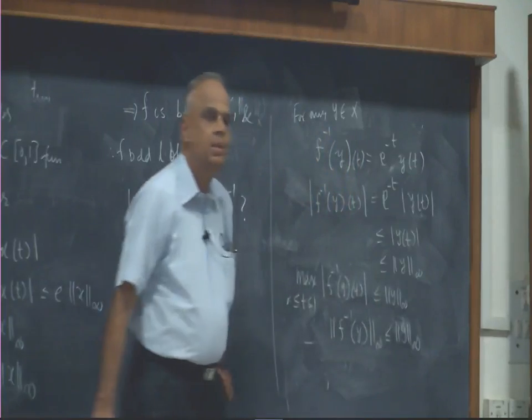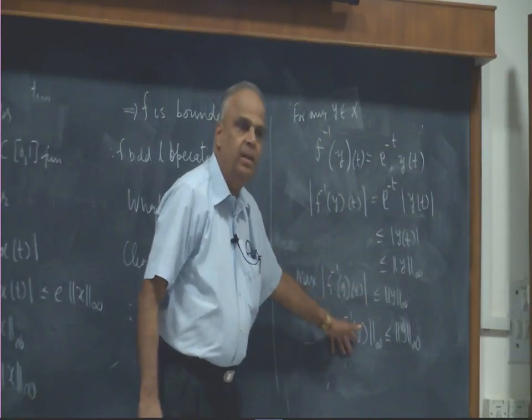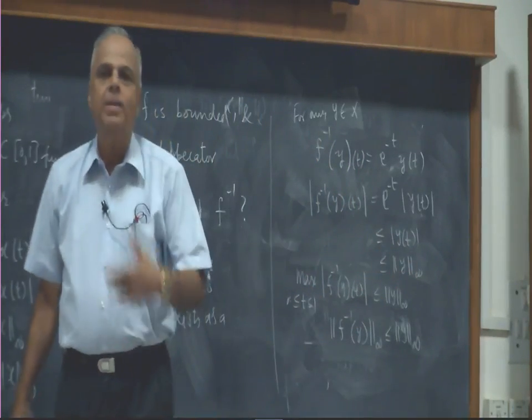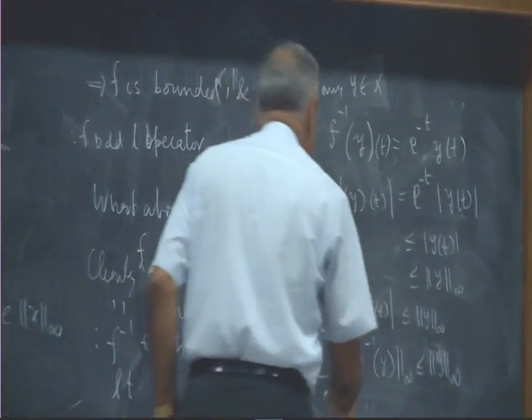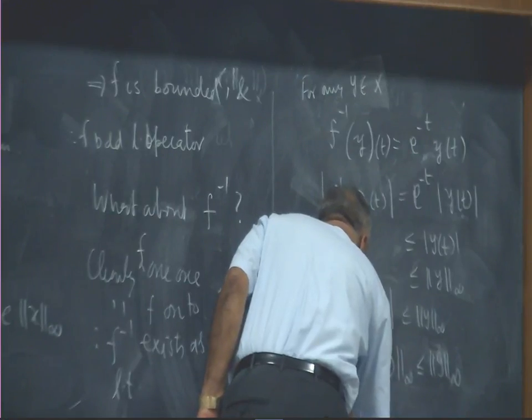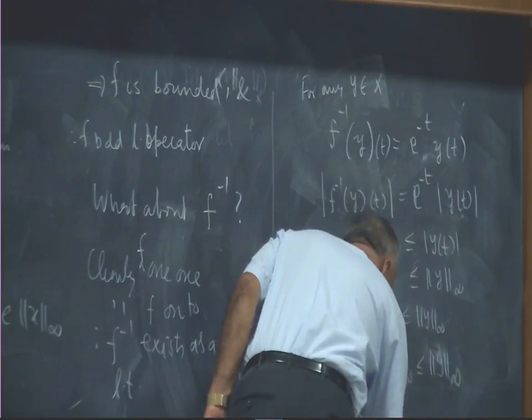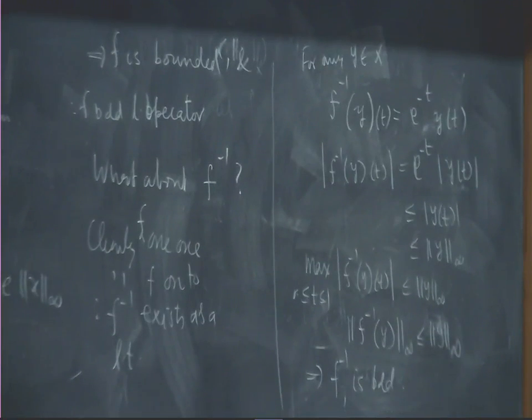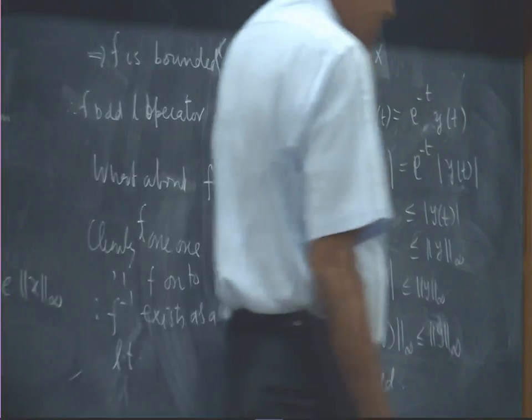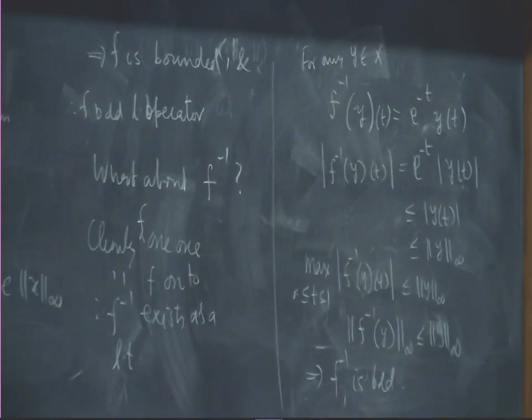That says the changed length is less than or equal to 1 times the original length, and therefore f inverse is bounded. So here is an example where we got f inverse also bounded. But let us not jump to a conclusion from one example. We have to see whether this works.